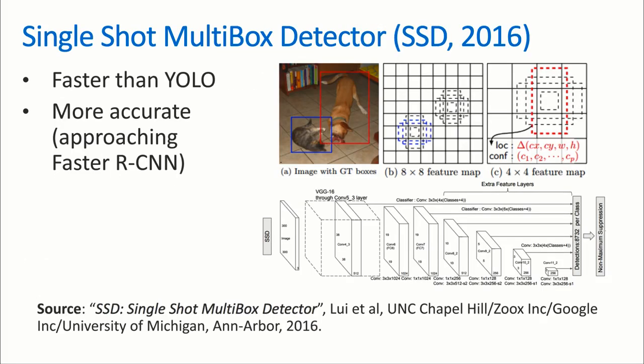The single-shot multi-box detector is similar to YOLO in that it is also a single network without region proposals. It runs a convolutional network on the input image once and calculates feature maps. Then it evaluates a small set of different boxes of different aspect ratios at each location in several feature maps of different scales.